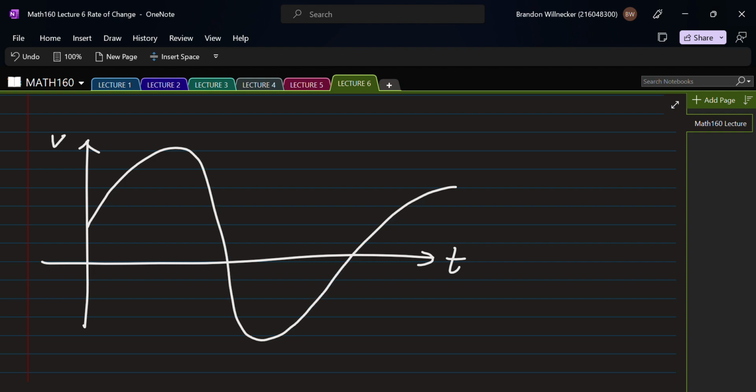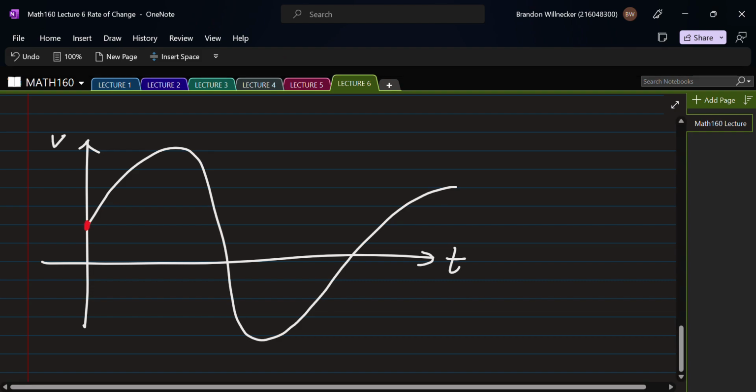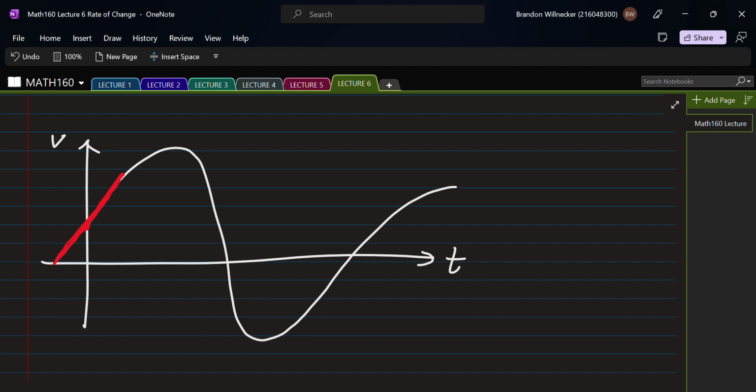Okay, and again, we want to determine the acceleration. So to determine the acceleration at any point, we can draw in a tangent line. So let's say at the beginning here, we've got this tangent line. Okay, so we see that it's sloping up. Okay, it's fairly steep.